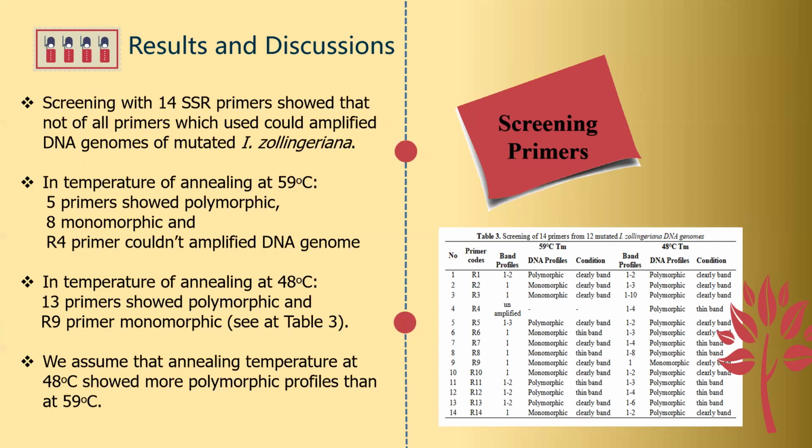At an annealing temperature of 48 degrees, 13 primers showed polymorphism and the R9 primer was monomorphic. We assume that an annealing temperature of 48 degrees shows a more polymorphic profile than 59 degrees Celsius.